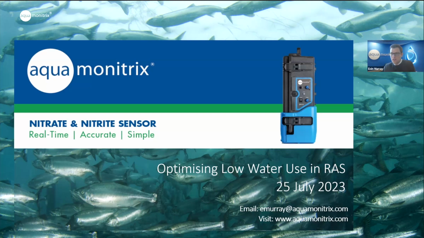So I hope that answers your question, but the key point is, by having the high level of accuracy of nitrite and nitrate continuously, it most certainly gives a much better understanding of the status of the nitrogen cycle within a process.